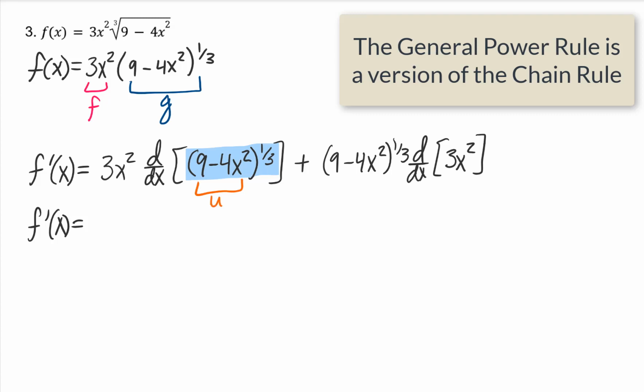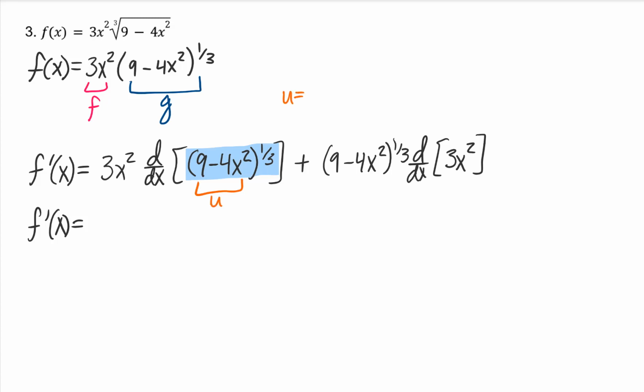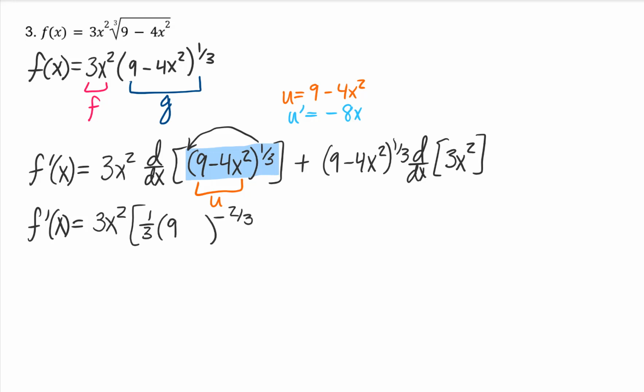So u will be 9 minus 4x squared. That makes u prime negative 8x. Pop down, power down. U goes inside. U prime is multiplied here. The derivative of 3x squared is 6x.